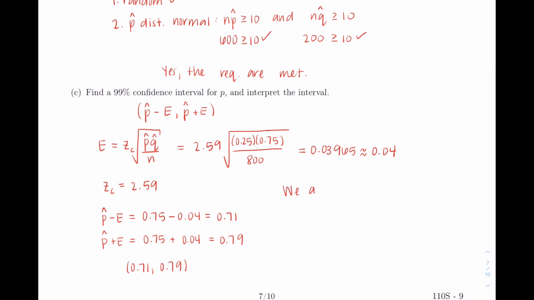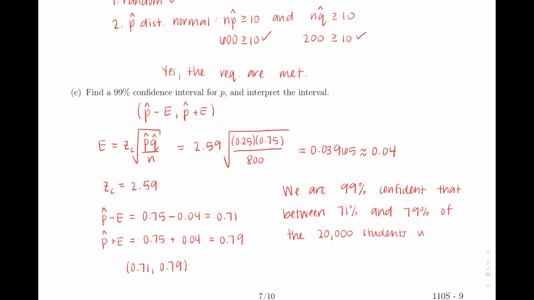To interpret this, we would start out by saying we are 99% confident that between 71% and 79% of the 20,000 students will not get the flu.